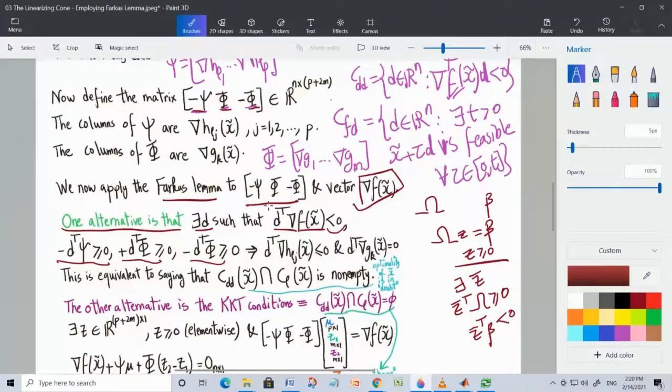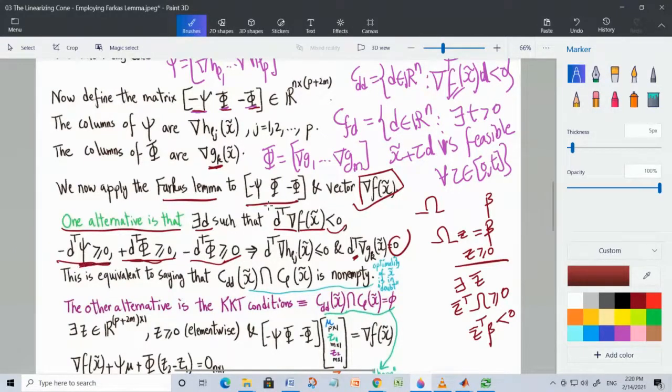Now, if something is greater than or equal to 0 and minus the thing is also greater than or equal to 0, it must be the case that D transpose phi is exactly equal to 0, which means that the inner product of D with any column of phi, and those are the gradients of the G functions, is zero.